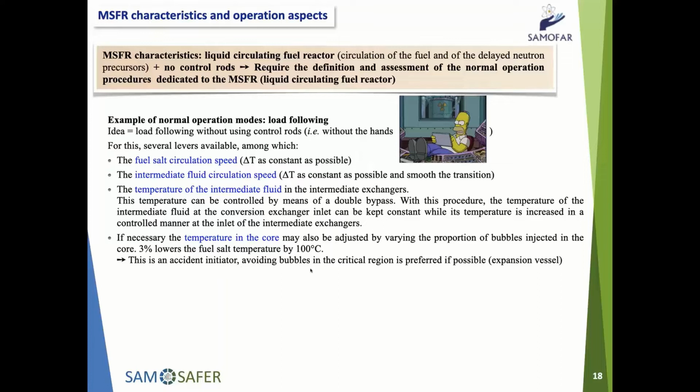If we can avoid having bubbles in the critical region, especially for the fuel treatment, because it's not necessarily mandatory, it's something to be investigated. For example, putting them inside the expansion vessel would be more interesting, to avoid putting those bubbles in the core and avoid accident initiators for safety.